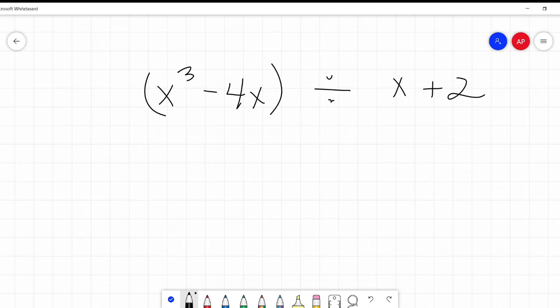Here's the thing. I have an x and I have a 2. It goes all the way down to there is no x as far as my terms go. Over here I don't. I have an x cubed, I have a 4x. I don't have an x squared, I don't have a constant, which is just a number. So something has to change. Here's what has to change. I have to add in zeros for those.